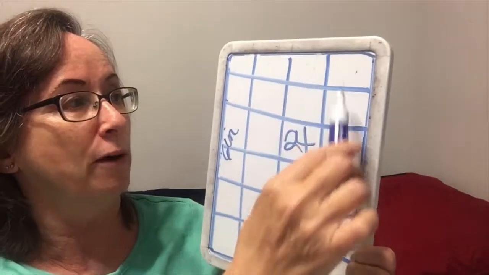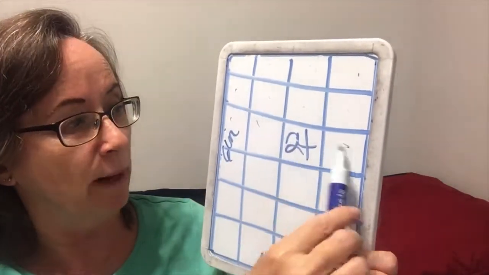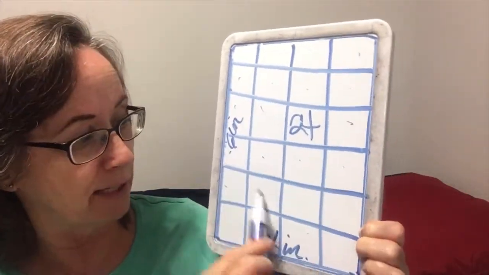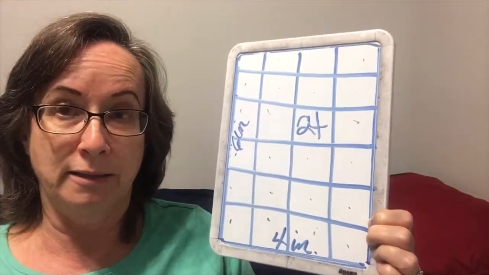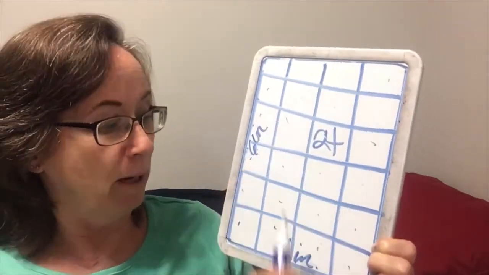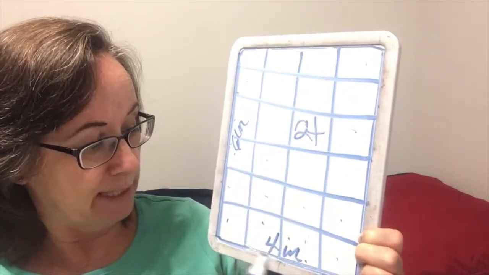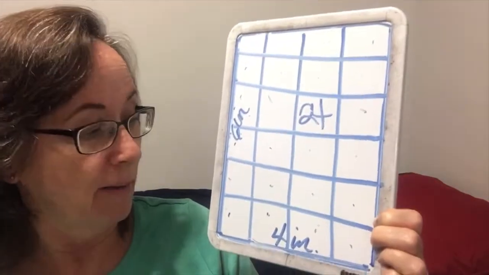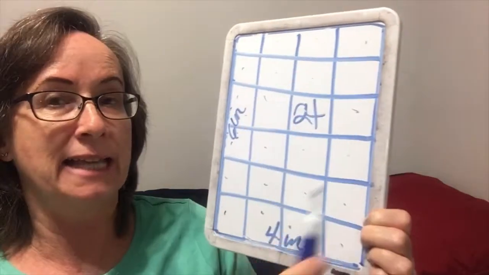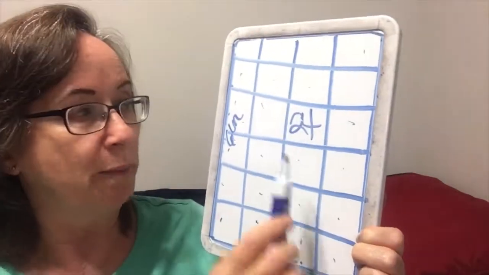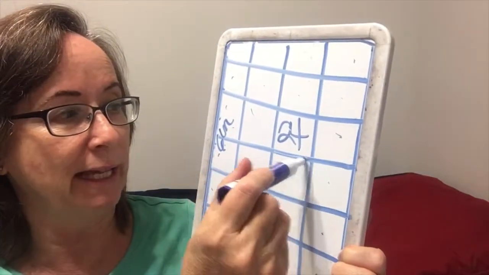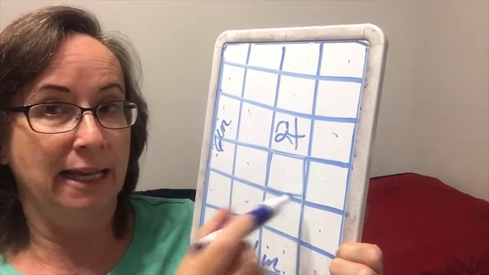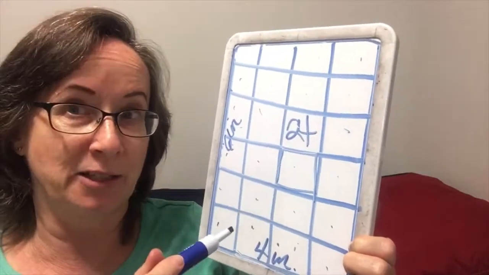1, 2, 3, 4, 5, 6, 7, 8, 9, 10, 11, 12, 13, 14, 15, 16, 17, 18, 19, 20, 21, 22, 23, 24. 6 times 4 is 24. If each one of these little distances was an inch, then the coverage would be 24 square inches, because each one of these boxes is an inch by an inch, and it's a square.